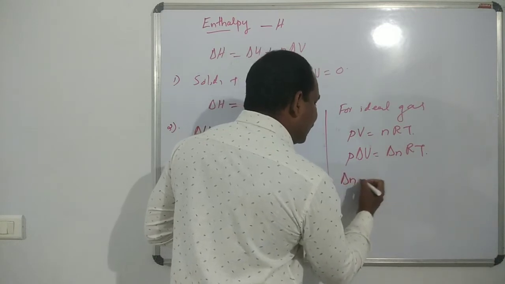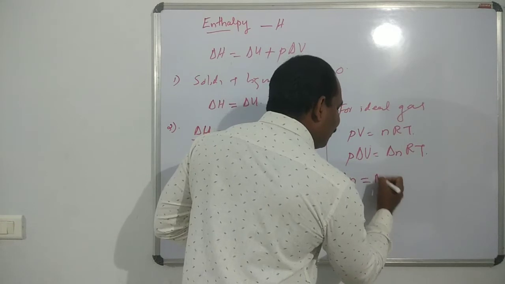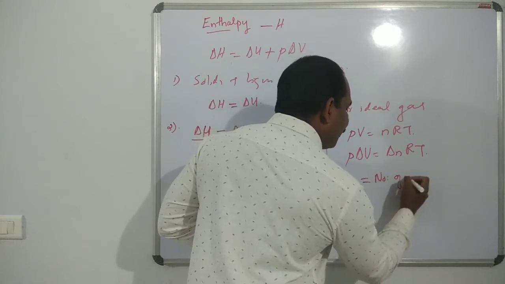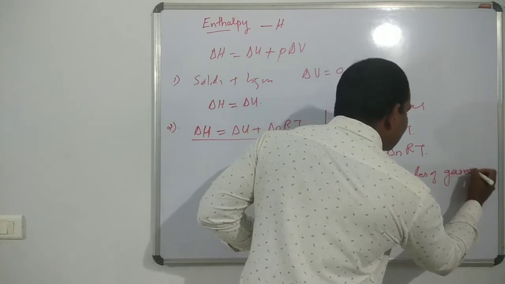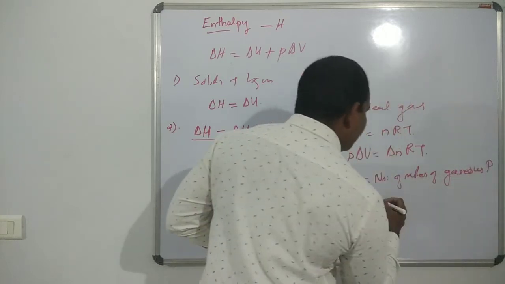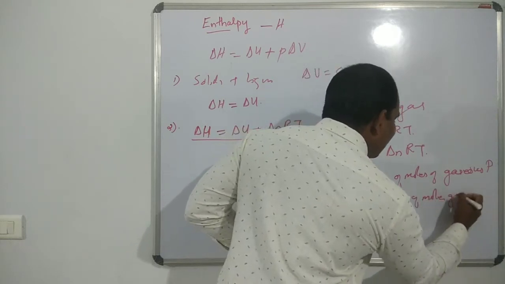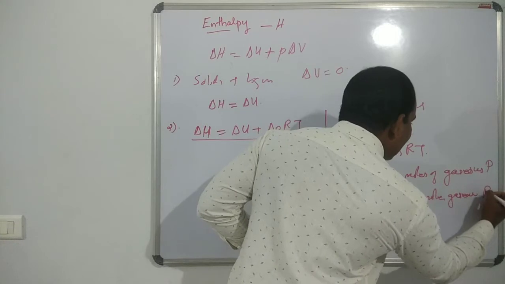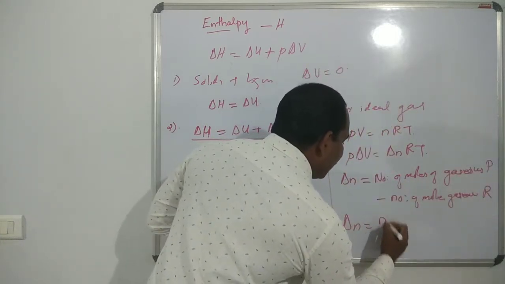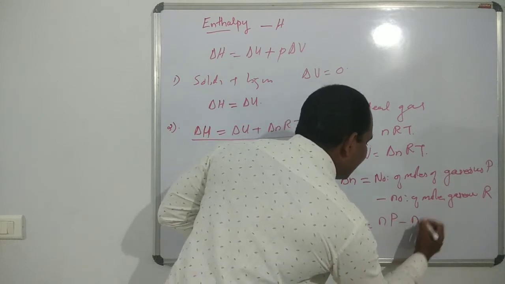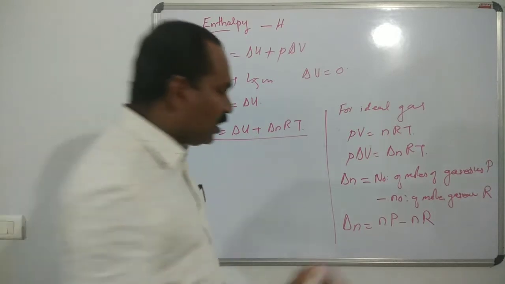What is delta n? Delta n is the change in the number of moles of gaseous products minus the number of moles of gaseous reactants. That is, delta n is equal to n_p minus n_r.